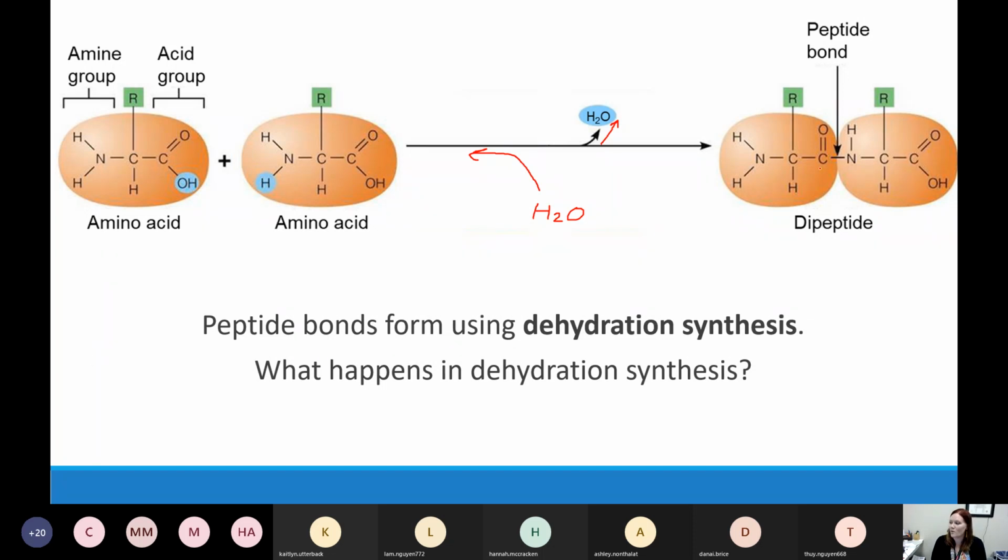So we start with this nice chemical bond over here that we just built. If we put water back into it, we can go back to having a separate amine group and a separate acid group as well. So hydrolysis, we break stuff down using water. But when we're talking about building peptide bonds, we would do what's called dehydration synthesis.